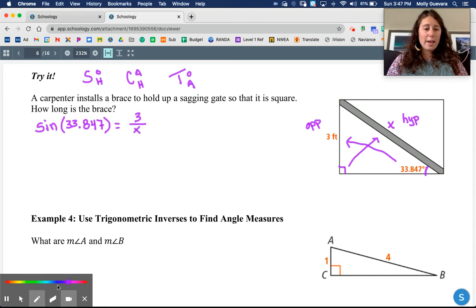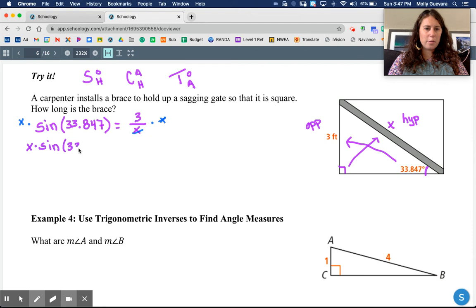Now, the only way to move things around here is I need to multiply both sides by x. I cannot multiply both sides by 3. 3's on the top, so I can only multiply by what's on the bottom. So those guys cancel, and I get x times sine of 33.847 equals 3.